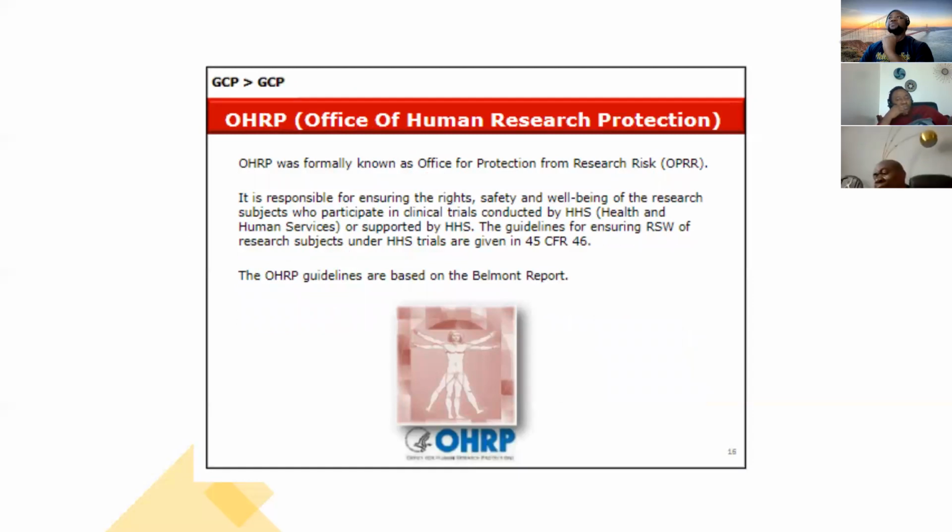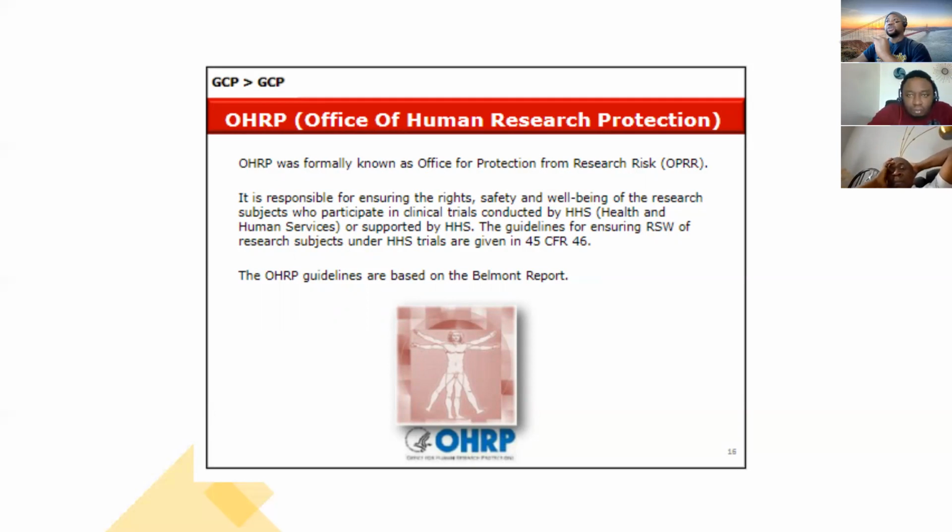The Office of Human Research Protection. OHRP was formerly known as the Office for Protection from Research Risks, but now they've fine-tuned it to mean not just research risk, but actually human research protection. It's responsible for ensuring the rights, safety, and well-being of participants in research studies.